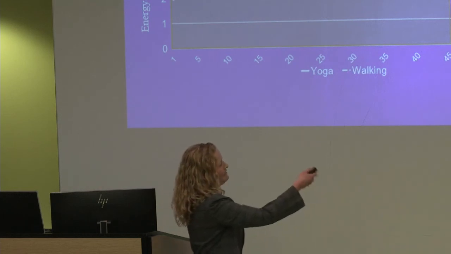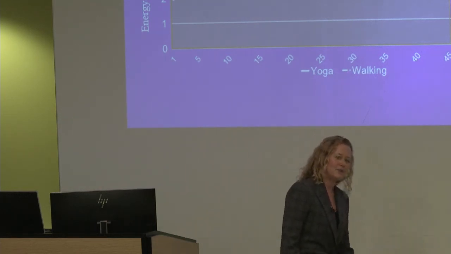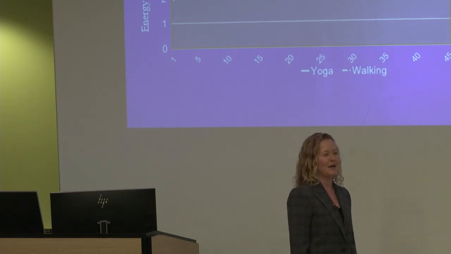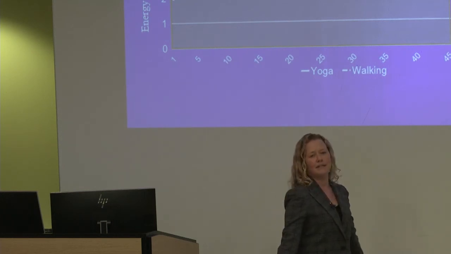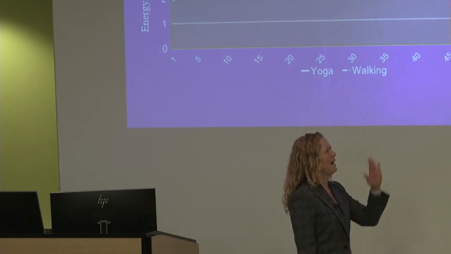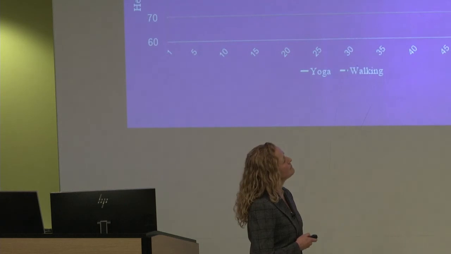But then these last 15 minutes, where you're lying on the ground, stretching, doing all this stuff that we know we need to take time to do, but not often take time to do it. And then lying on your back, which is a more meditative posture. During those first 45 minutes, we didn't actually see a difference in the energy expenditure.